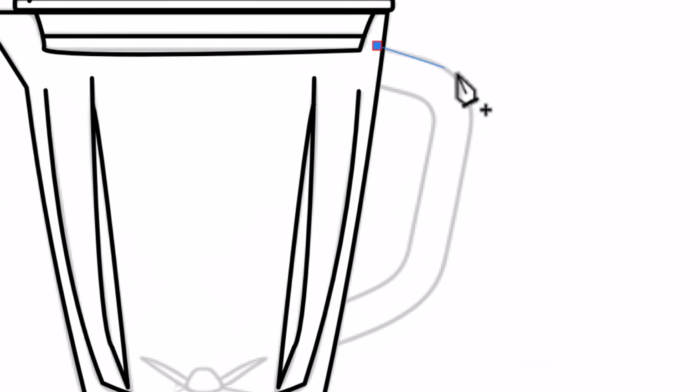Click. So you have a curve here. So let's do the curve. You can hold Control Alt to adjust this one. So click and drag it this way. Yeah, we are done.